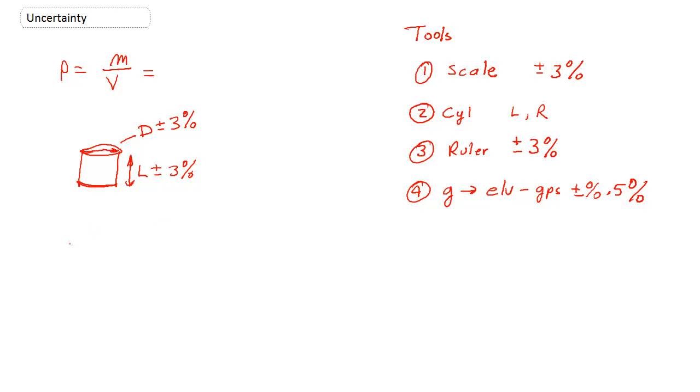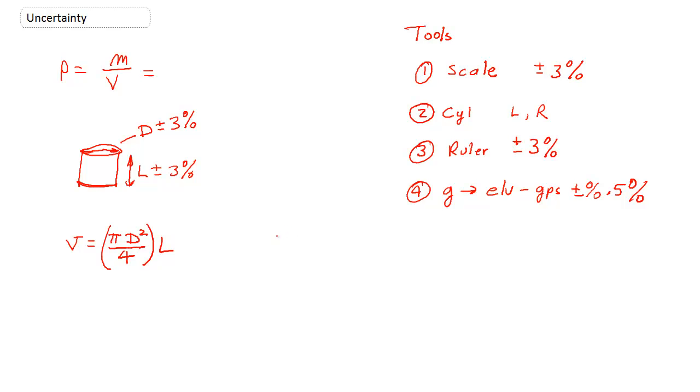So you calculate the volume as pi r squared, or diameter squared divided by 4, and then you multiply that times the length. So you get your area across the top, and that gives you your volume.